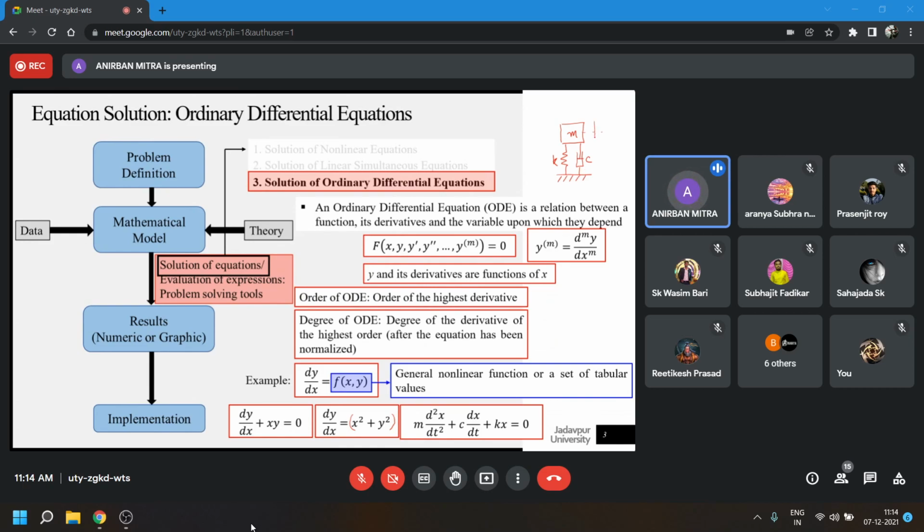If this mass is set in motion by providing some displacement, it is going to vibrate about its equilibrium position, and that motion is modeled by the differential equation given here. In real life, a lot of different systems, specifically dynamic systems, are modeled and their behavior is governed by ordinary differential equations. So solution of these ordinary differential equations is a very important topic.